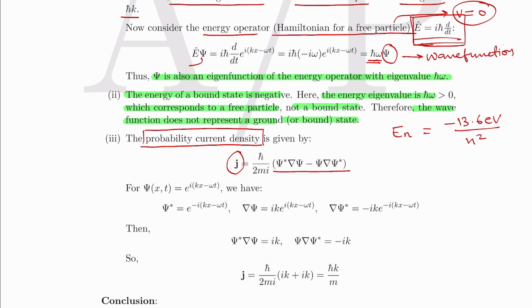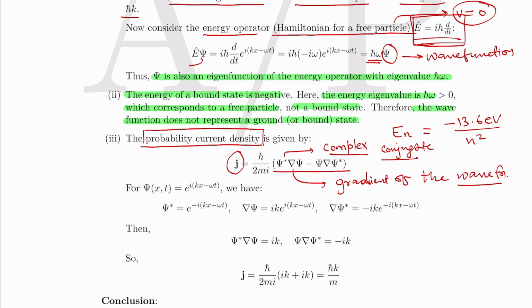Here we have the complex conjugate of the wave function and the gradient of the wave function. In this case, you are just required to find the gradient or derivative of the complex conjugate of the given wave function and of the wave function itself.